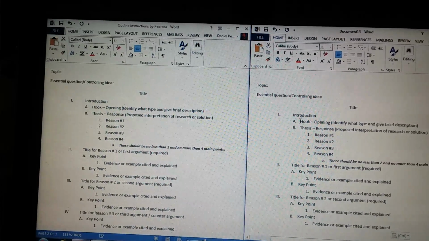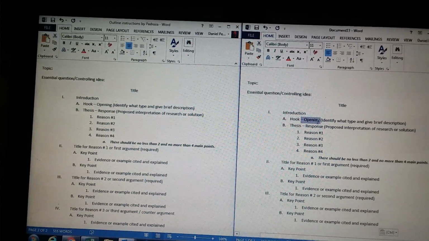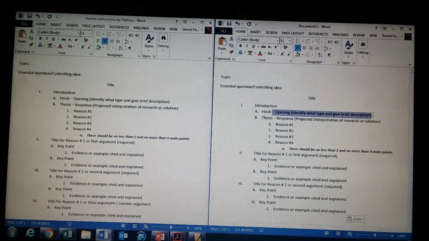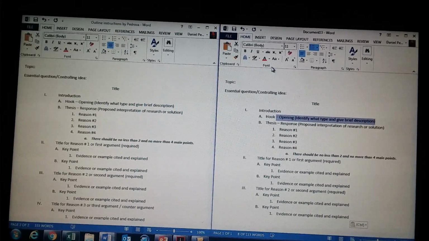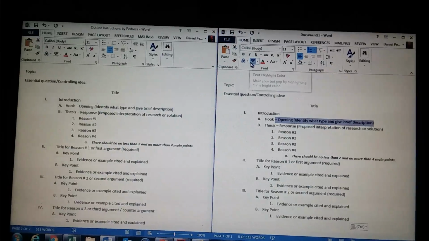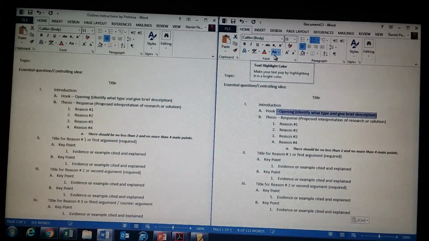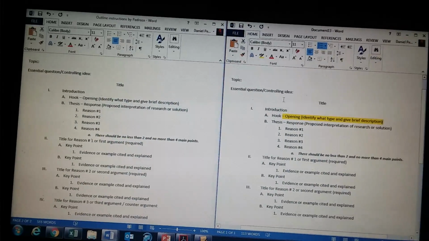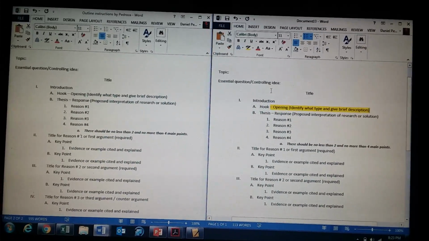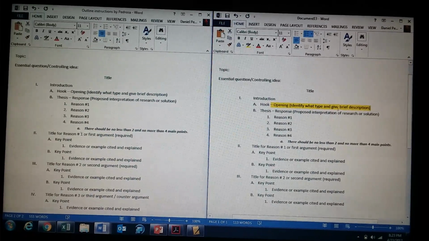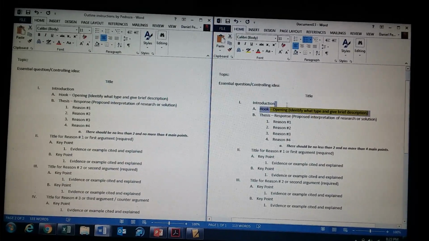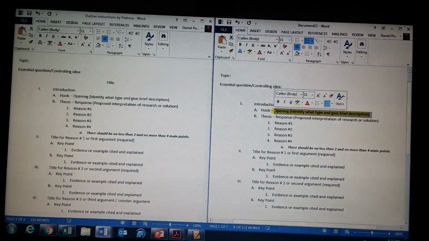Okay, so for the hook right here, all I have to do is highlight, and I'm going to highlight it so that you can see. You don't have to highlight this, of course, obviously, right? But I want to change it.